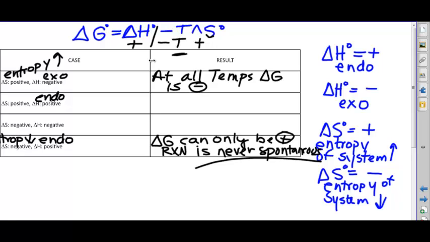If this expression, when you multiply it, is bigger than this number, then delta G will be negative. So this situation would be spontaneous at high temperatures. And again, spontaneous means a negative delta G.